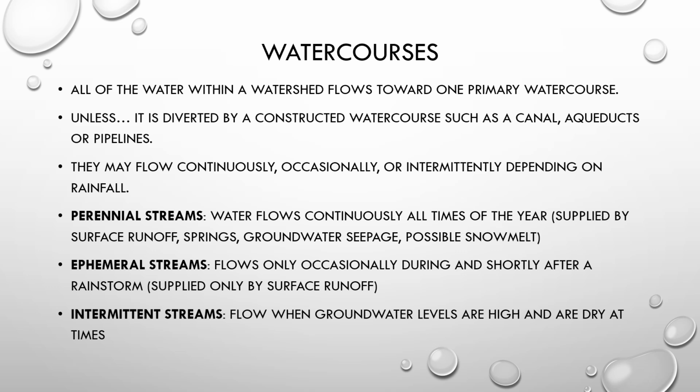Water that only flows occasionally during and shortly after a rainstorm would be considered an ephemeral stream. And then you have intermittent streams, which is when the groundwater levels are high and that water just travels through those streams, even during dry times.